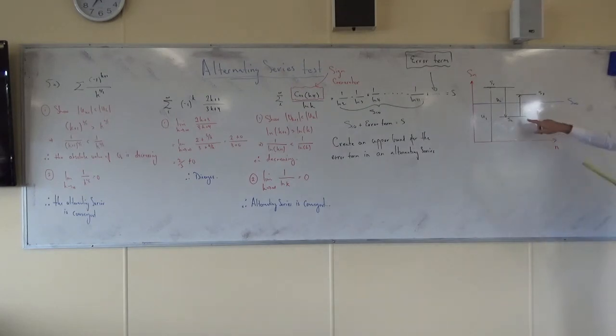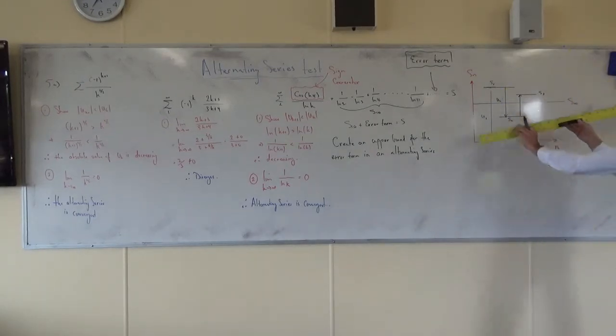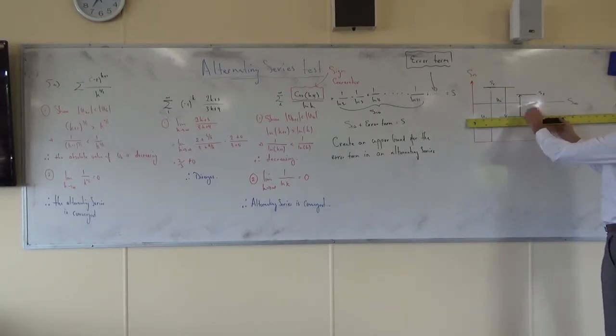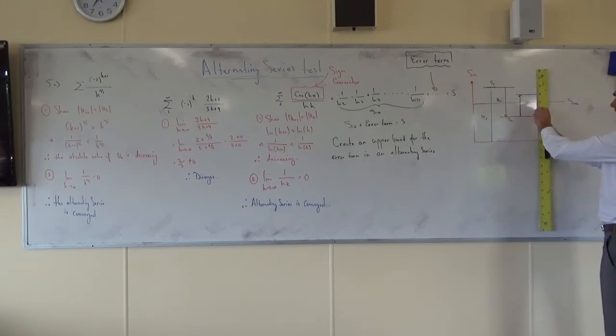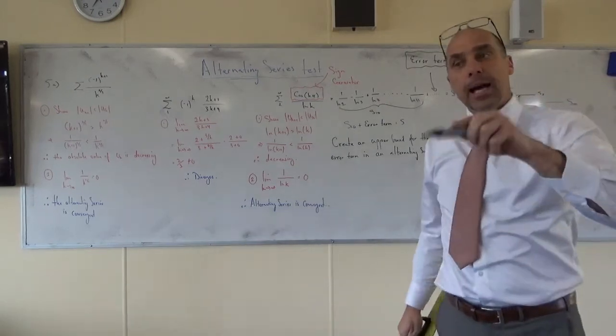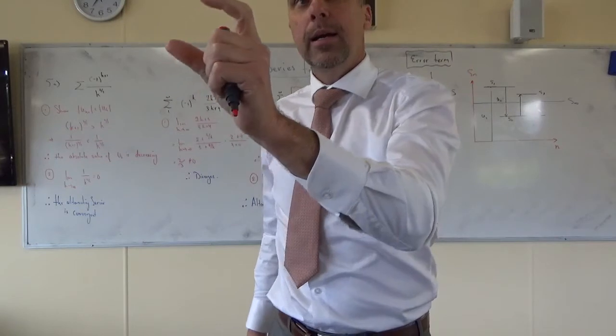Now, when I'm at S2, how far am I away from S infinity? Look at this. There's S2 there, and that's how far I'm away. That's the error in taking the sum to two terms.